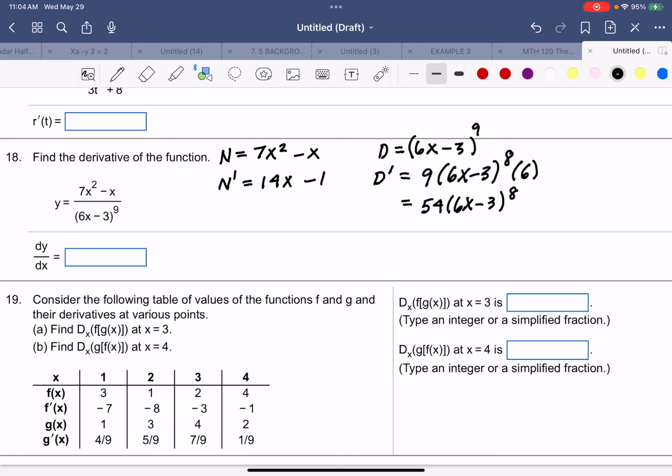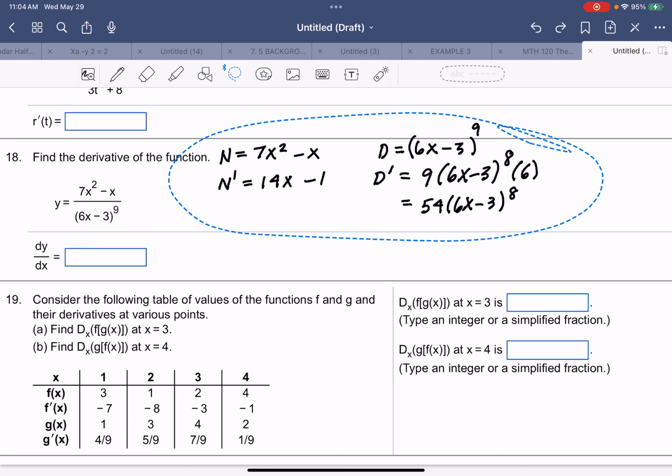And now I just need to assemble. So I need a bigger space, so let me copy this.